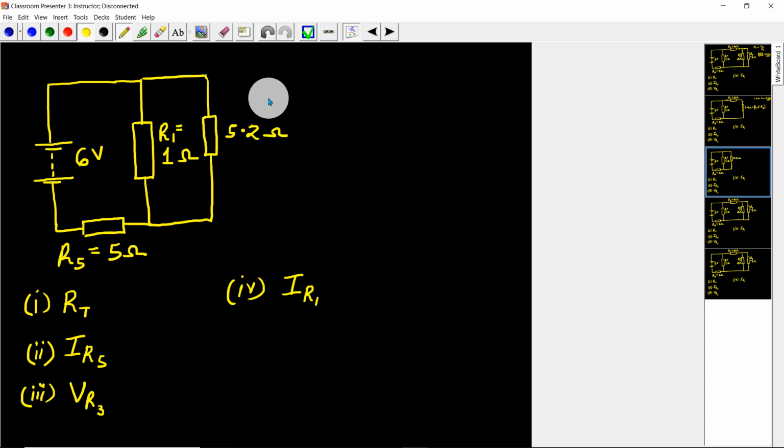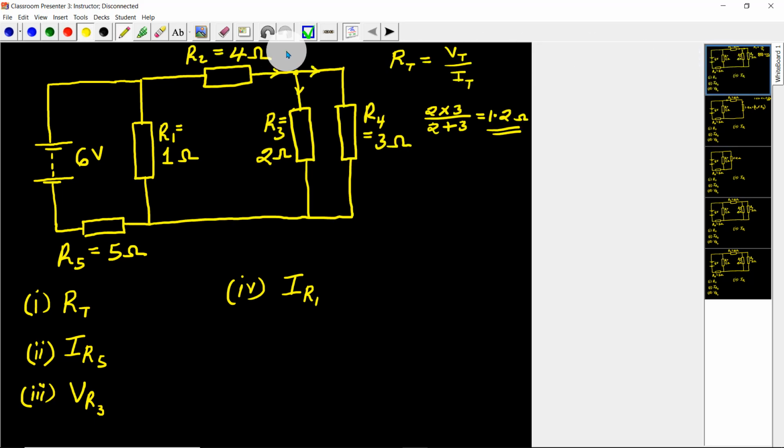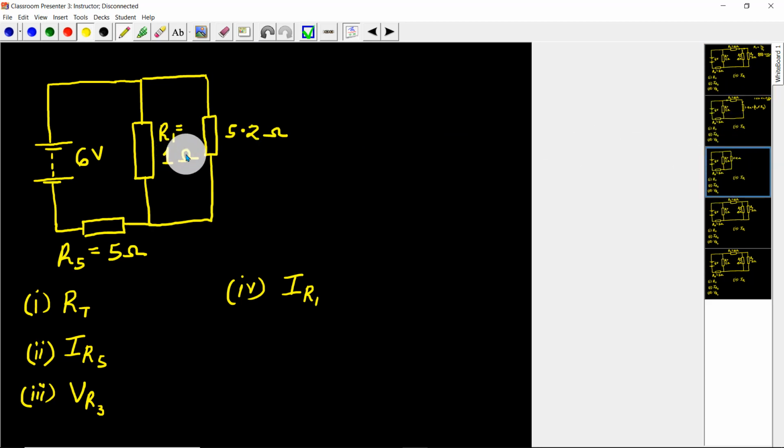You can see that I'm reducing the complicated network slowly into a simpler circuit.